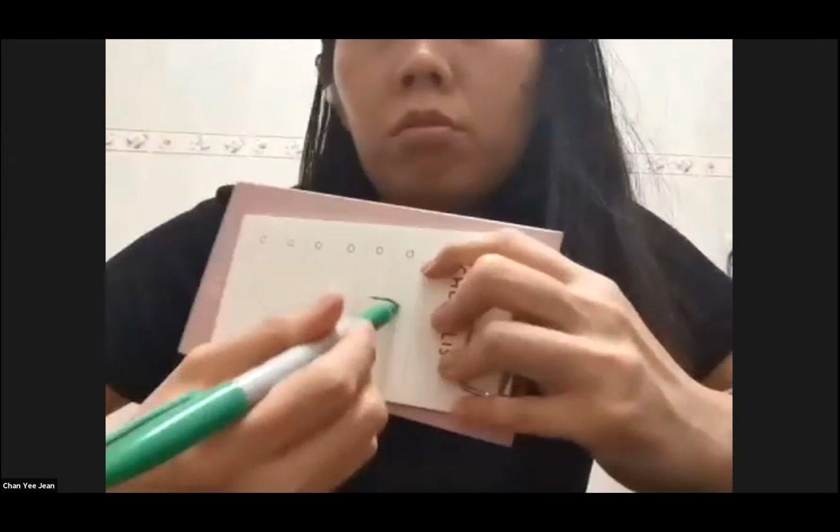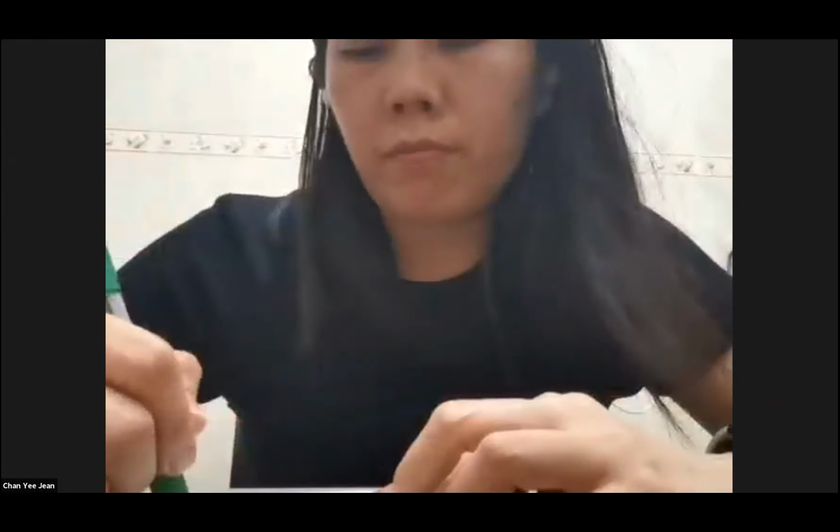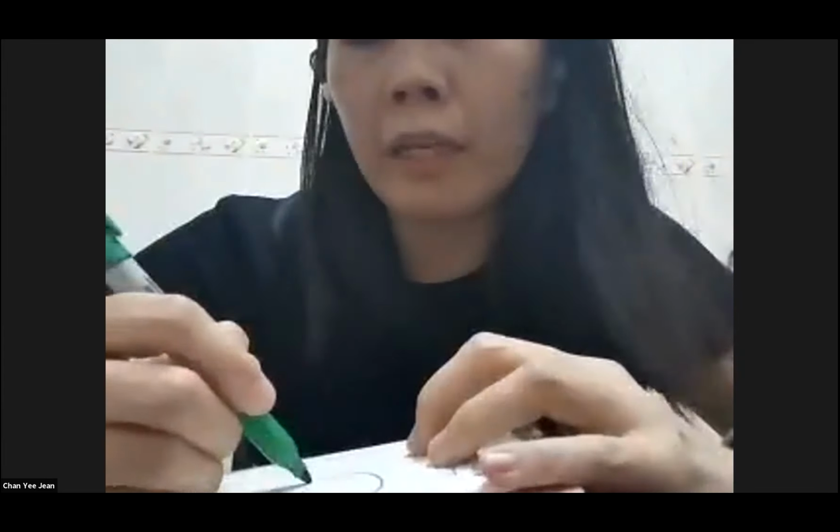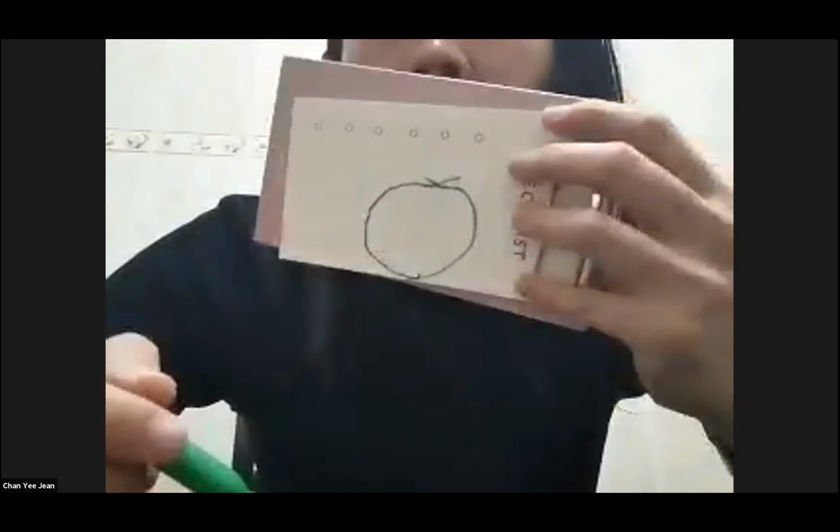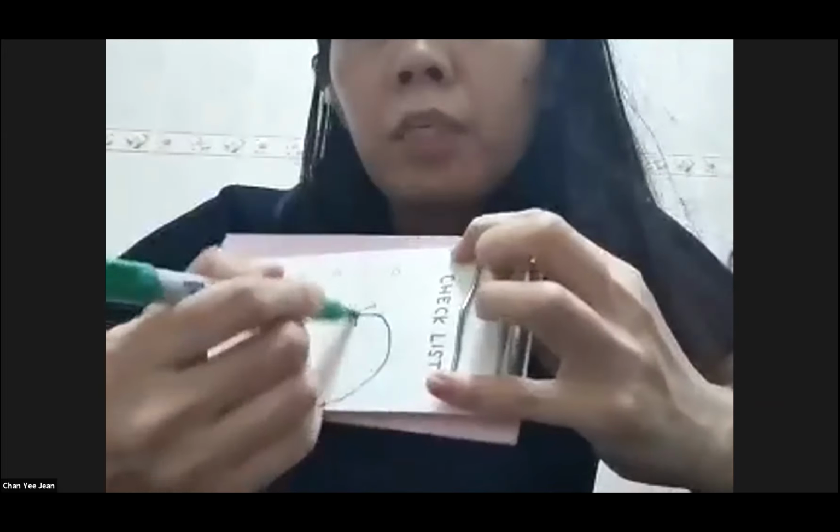That is not counted. It has to be like that, or at least an approximation, at least like that is still okay. But you have to make sure that the ends meet.